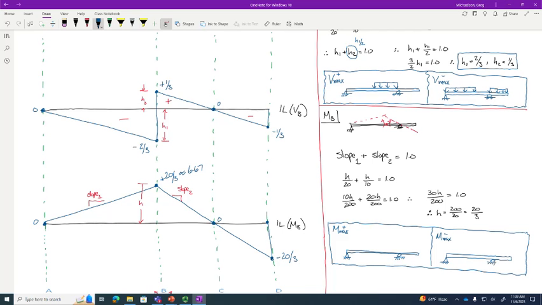Where do you think I should put this distributed load to generate the worst case positive moments? Somebody tell me. The worst case positive moments. Everything between the roller support and here, right? Everything between here and here, right? So I'll put that load here. What about Mmax negative? Everything on the overhang.